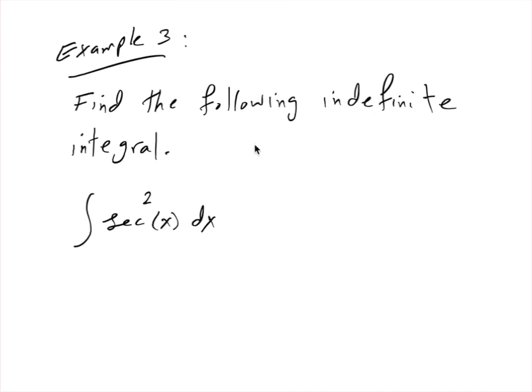We call it the indefinite integral, but it's the same question as above. You're finding the antiderivative. So the answer to this question is the function whose derivative is secant squared x, and that function is tangent x.